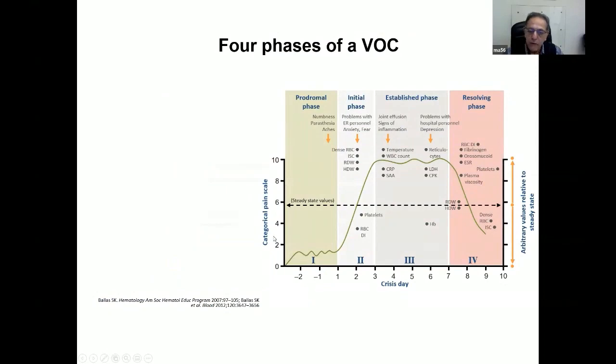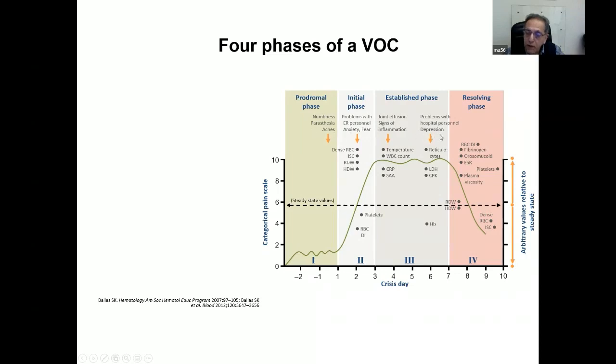Dr. Ballas, a graduate of the American University of Beirut many years ago, described the 4 phases of these painful crises. And as you can see here, these are associated with activation of coagulation, adhesion molecules, but more importantly, look at what we have: numbness and paresthesias, problems with ED personnel, joint effusions, upon admissions, problems with hospital personnel.